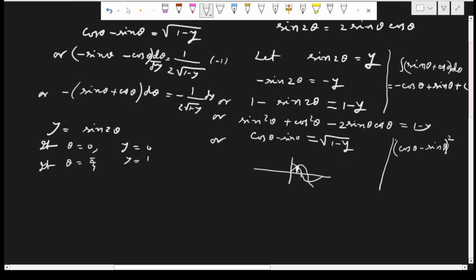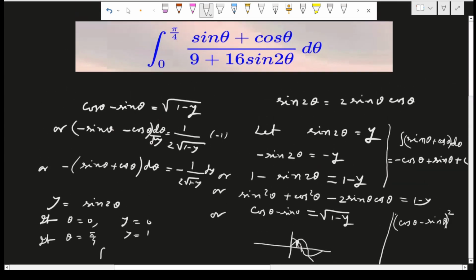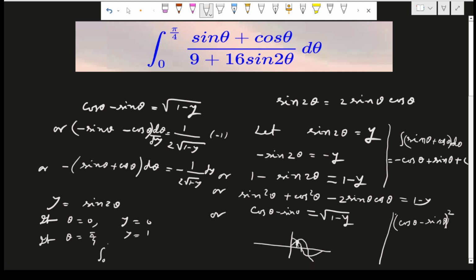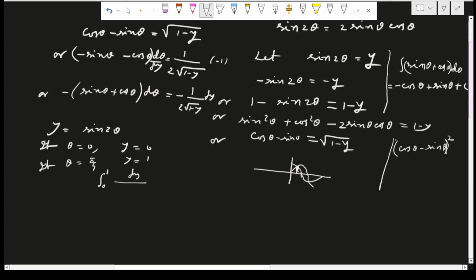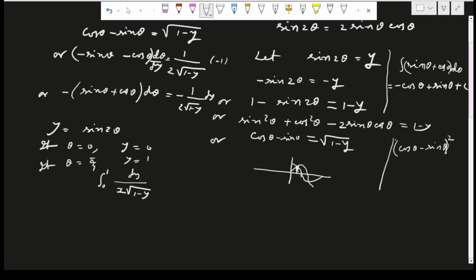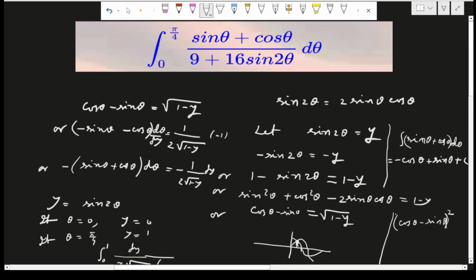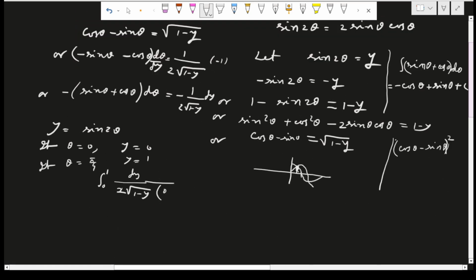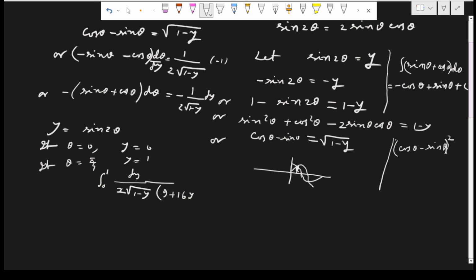Now see, the original integration from 0 to 1 of (sin theta plus cos theta) d theta becomes, minus minus cancelling out, dy by 2 root over 1 minus y into (9 plus 16 y).